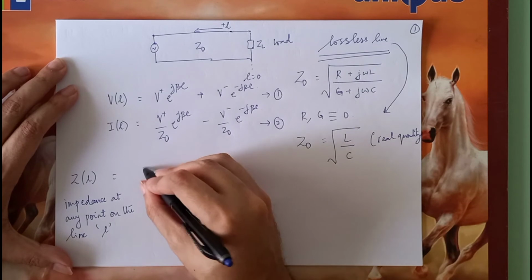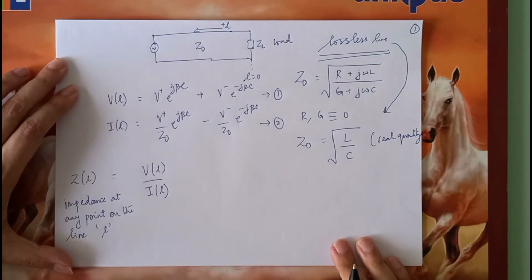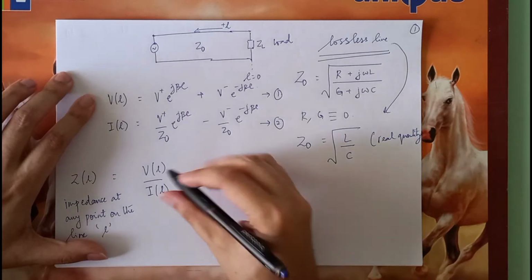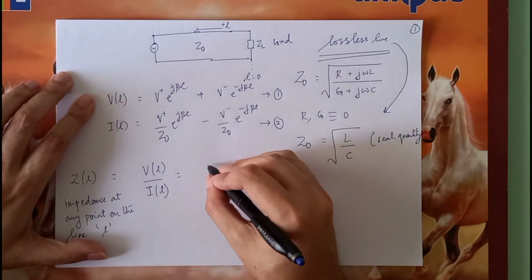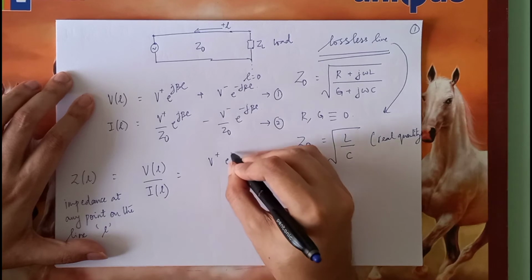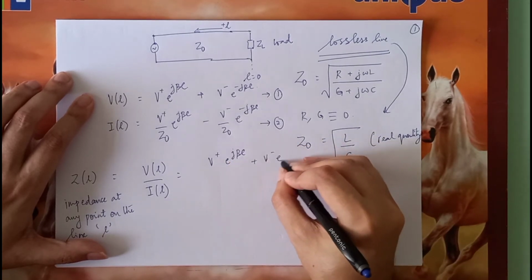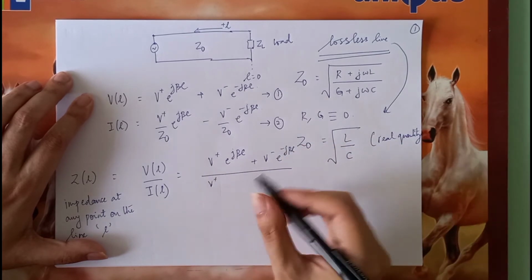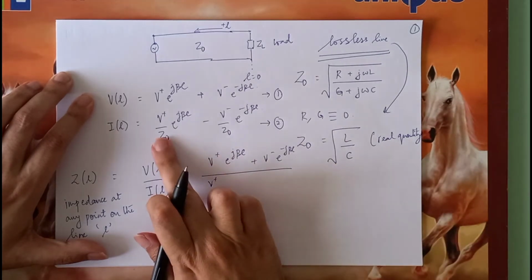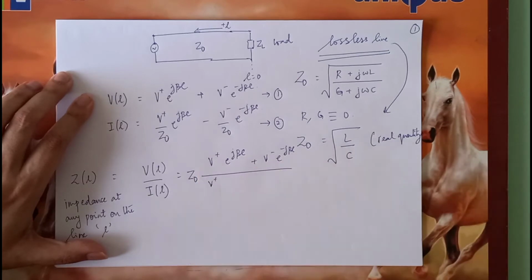So Z of L is nothing but the ratio of the positional voltage and current. So what can we say? We can simply divide these two. So I can take 1 by Z0 common in the denominator, which would make Z0 come over here.